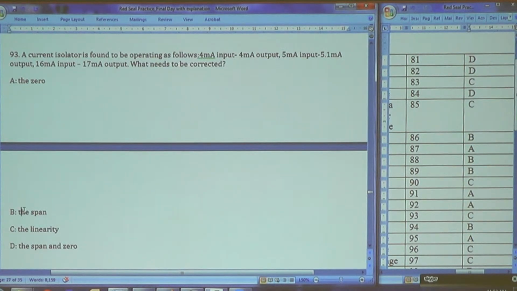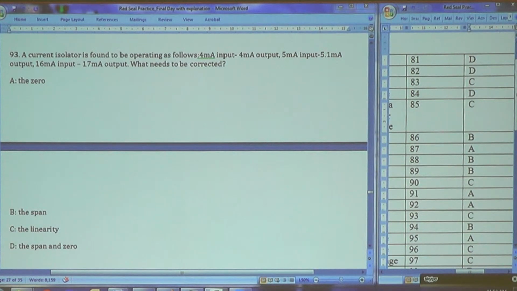Calibration does zero, does span, and does the linearity part also. If it's not linear, why would I do just zero and span, or just span, or just zero? What is linearity? Let's look at it.